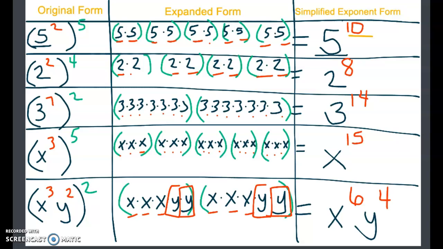So another way that you can do this, besides writing out the expanded form, is you can just multiply these exponents. 5 groups with 2 copies of 5 in each gives us 10 copies of 5. Take a second and see if it works with the rest of the examples.